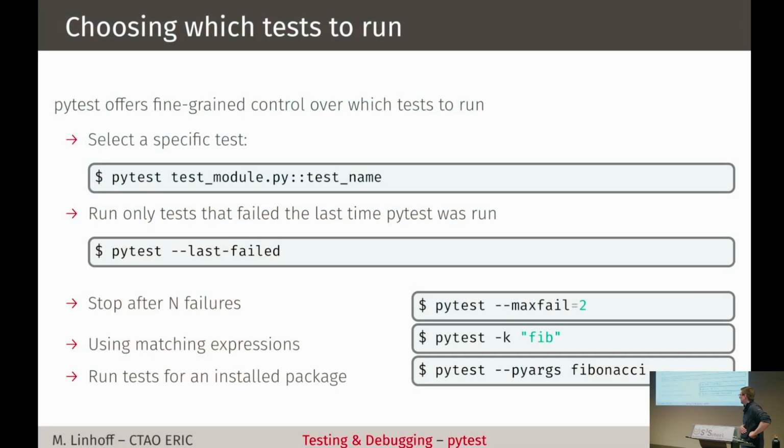And I already showed some of this, but you have fine-grained control with pytest about which tests run. By default, if you just call pytest, it will look around and use the configuration and the available files it finds to run all of the tests it can find. But you have some options to limit the number of tests you want.